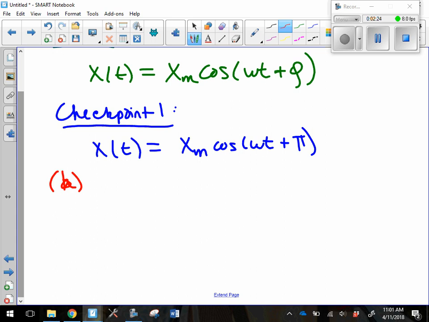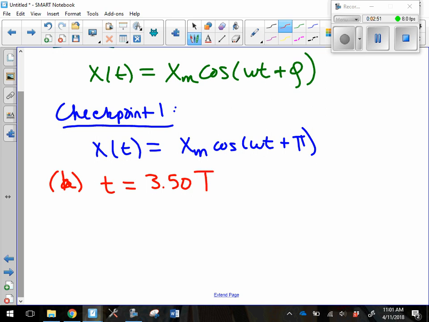For part B, we want to know where the object is going to be when t is equal to what? That was for part A. Now we're on part B because we did part A yesterday. 3.5 times the period.